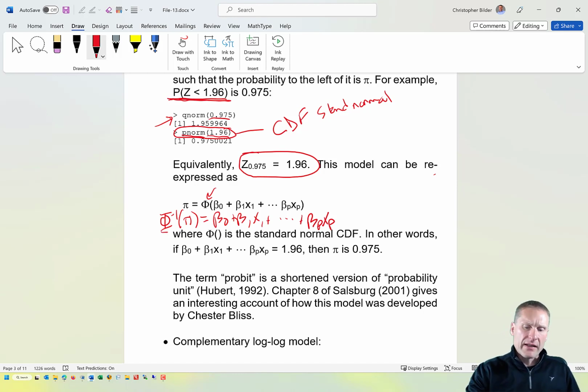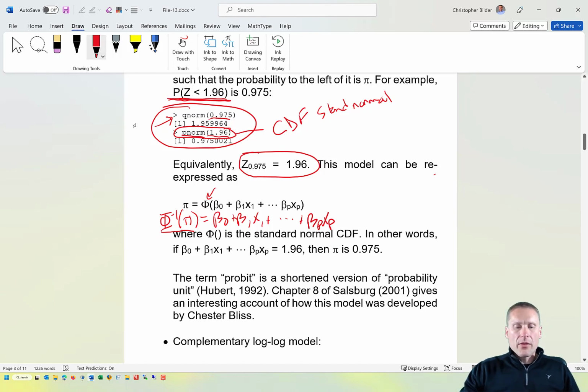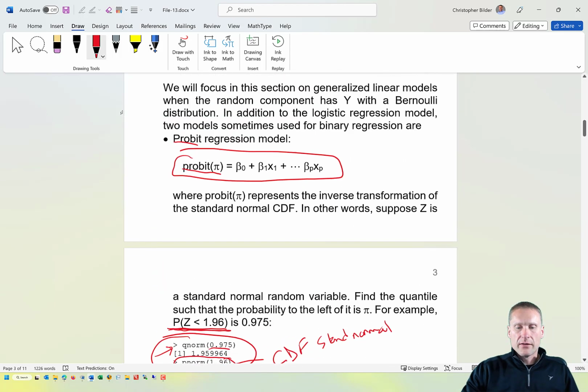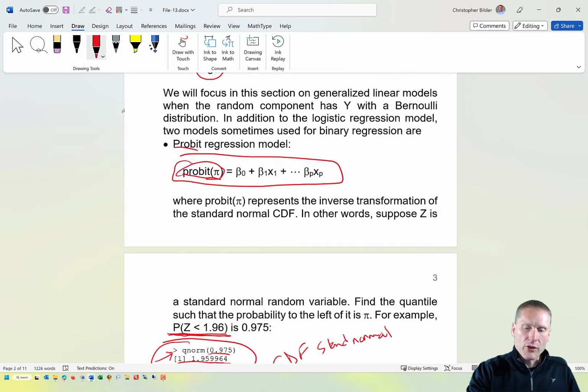And now I have the inverse function right there. Well, basically, what that's equivalent to is, again, something like what we've seen up here in terms of finding probabilities, finding quantiles. So this part of our expression is what the probit function does. The inverse of a standard normal CDF.